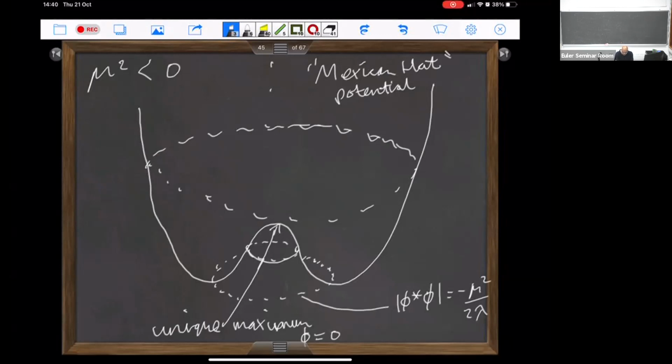That's why this mechanism is called spontaneous symmetry breaking. So in this particular case, the U(1) gauge symmetry is completely broken once a particular vacuum expectation value is chosen.